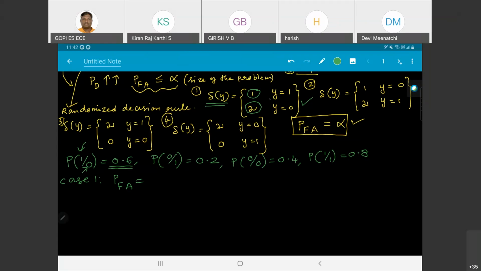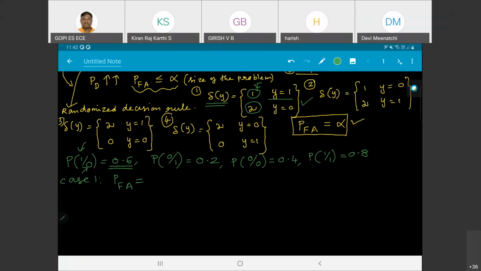When you receive y equal to 1, you decide that x is equal to 1 with probability 1, and when you receive y equal to 0, you decide in favor of 1 with probability gamma. Otherwise, you declare that it is 0 with probability 1 minus gamma. So gamma is the probability. This we already know.